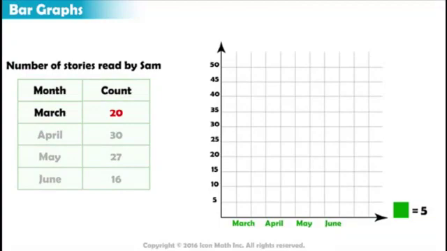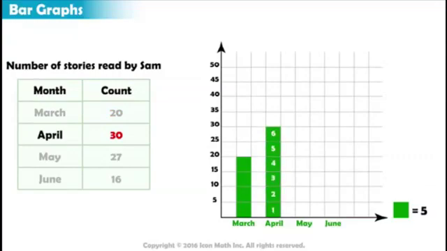So we draw a bar for that category. That is made up of 4 squares. In April, he read 30 short stories. So we draw a bar 6 squares high. In May, he read 27 short stories. So in May, we go up 5 squares high to get to 25.